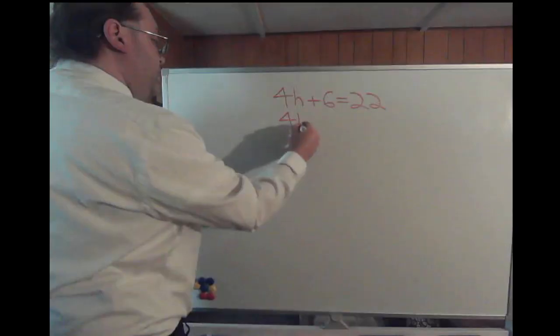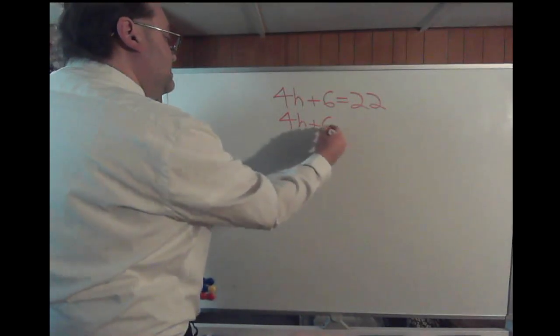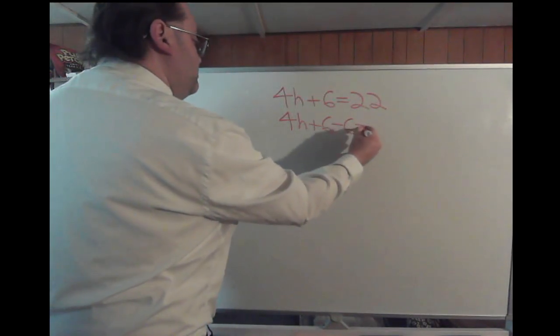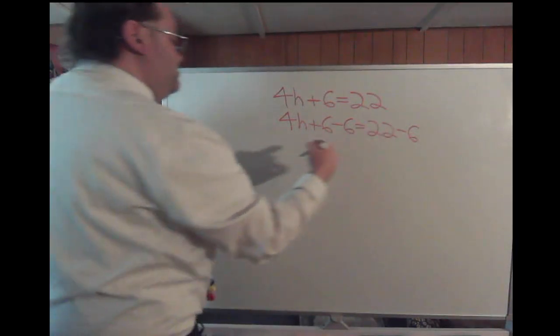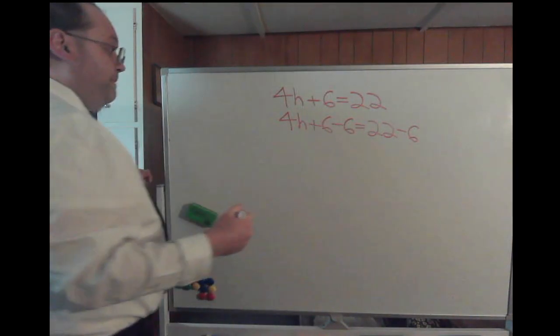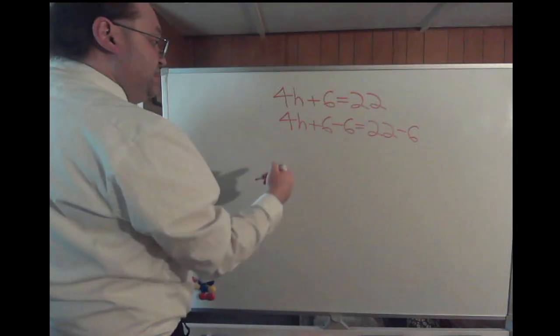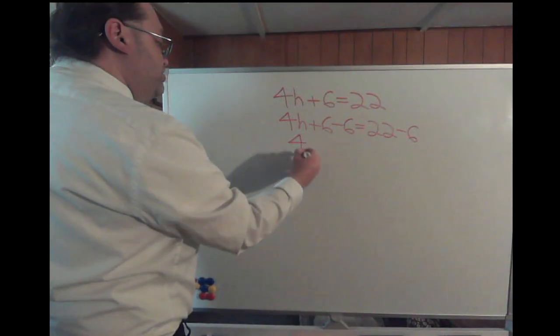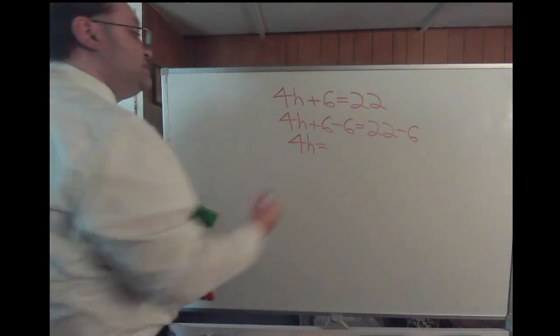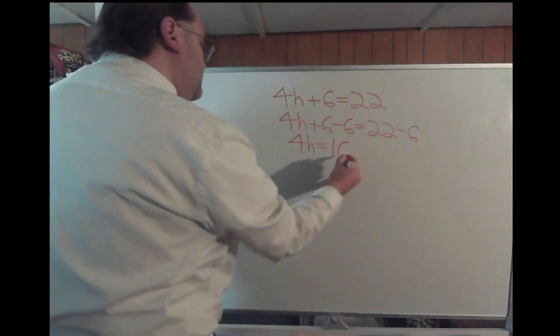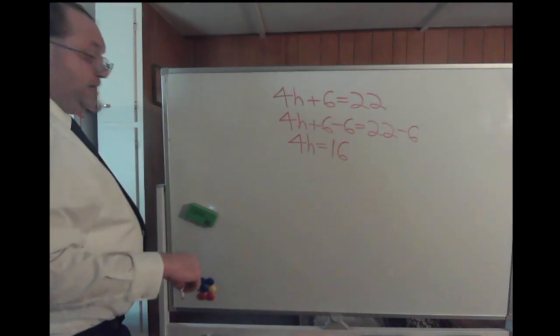So you'll do 4h plus 6 minus 6 is equal to 22 minus 6, because what you do to one side, you got to do to the other. So 6 minus 6, that's just 0. You'll be left with 4h by itself. What's 22 minus 6? That's 16. So now you just have 4h equals 16.